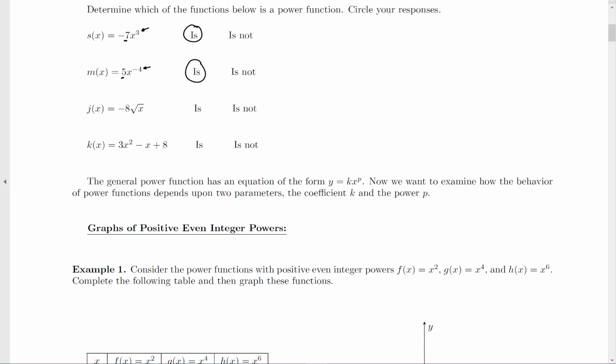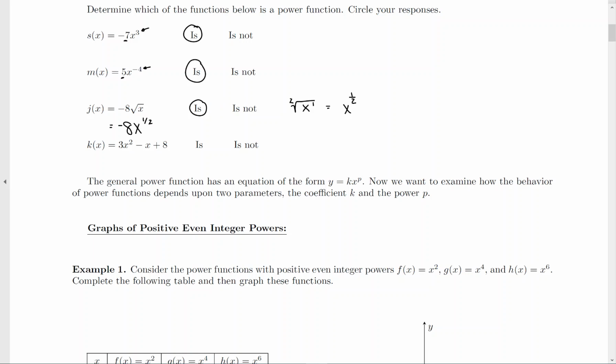What you have to remember, though, is that for the square root of x, the root is 2, the power is 1, and we can rewrite the square root of x as x raised to the 1/2 power. So if I rewrite this as negative 8x to the 1/2 power, both negative 8 and the power 1/2 are real numbers. So in this case, that is a power function.